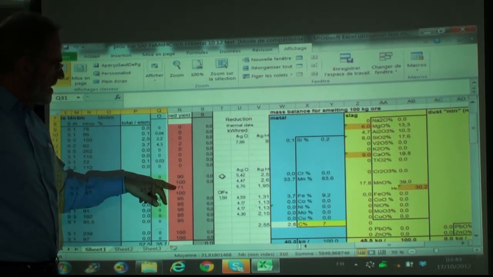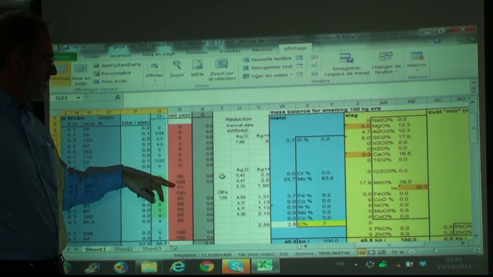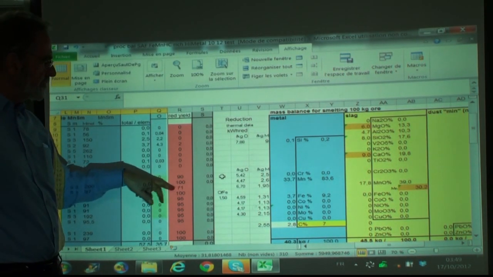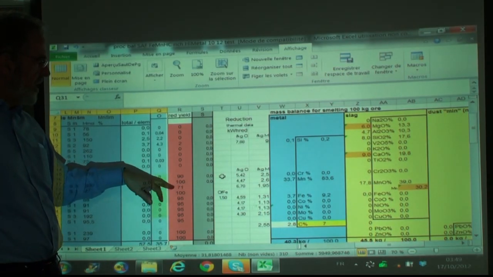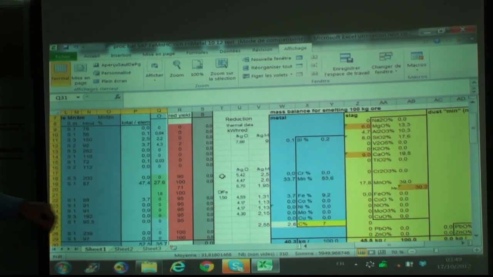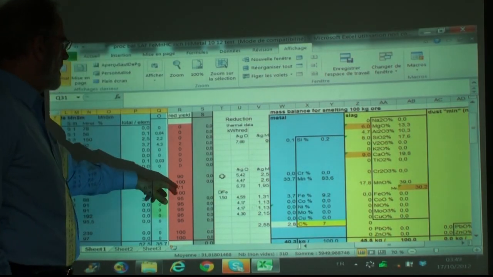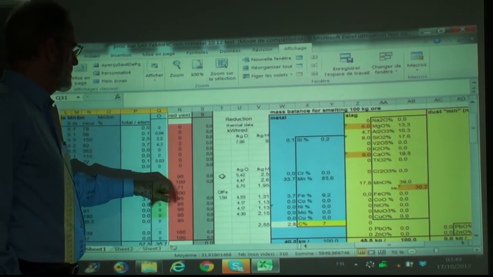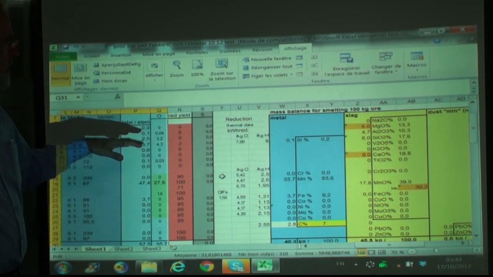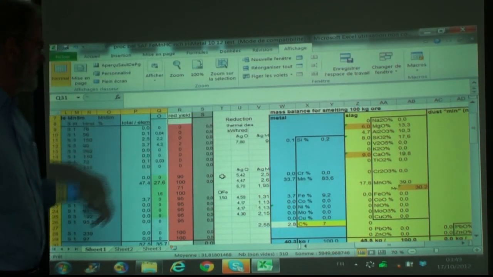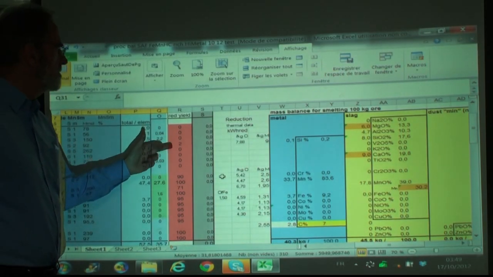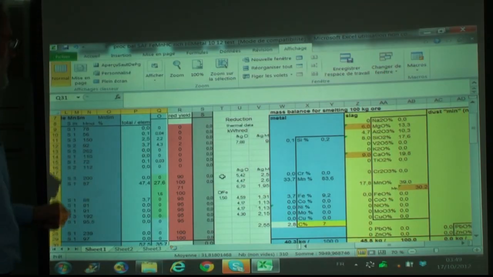And then MnO, this is the reduction yield for MnO. And now we will see how it is considered. But let's see how it is taken into account for the case of SiO2 as well.